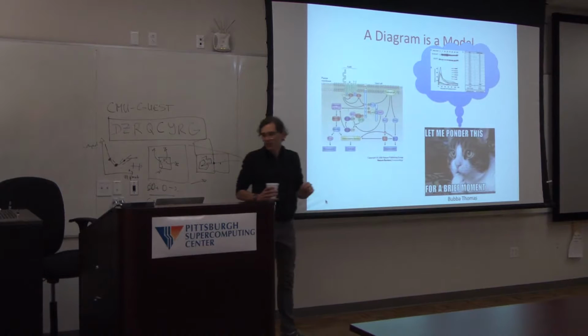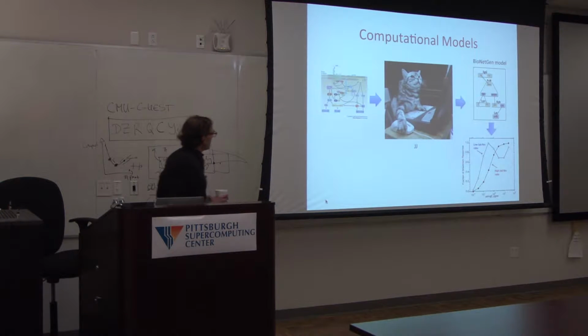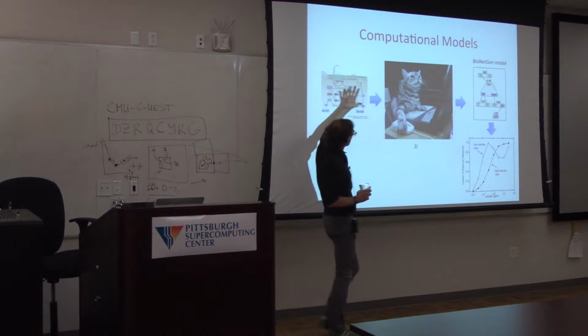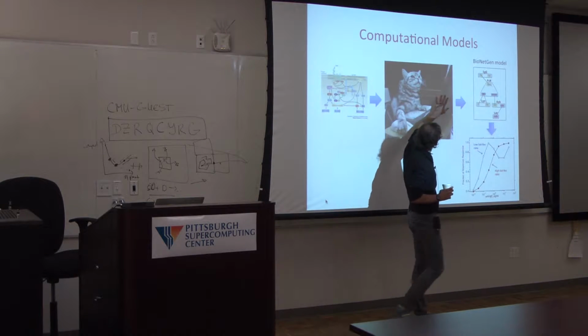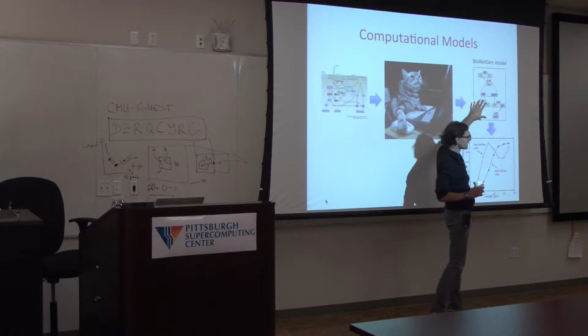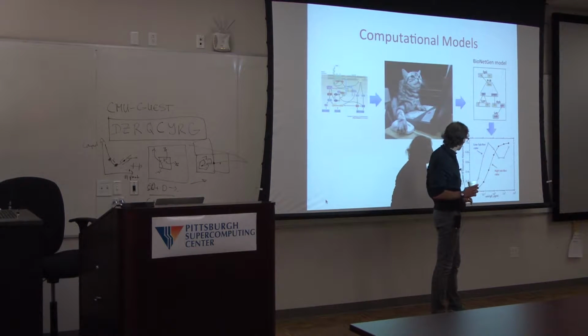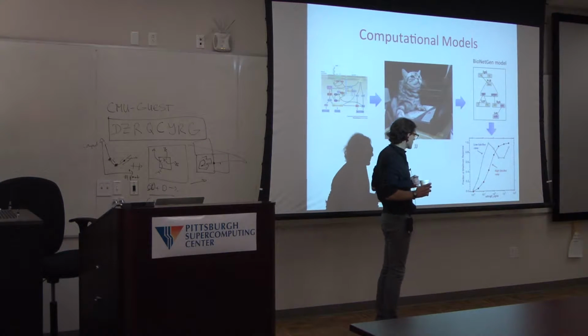And so really what we're trying to do is formalize that approach, and we now have a way to take this diagram and represent it formally using computer programs. This is a very smart cat who's making a BioNetGen model using RuleBender, and he's got a nice diagram of his system. But this is an executable diagram that we can use to run simulations and compute, for example, a dose-response curve.